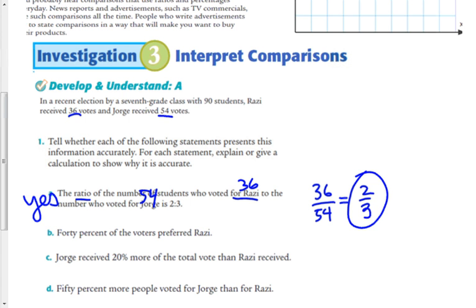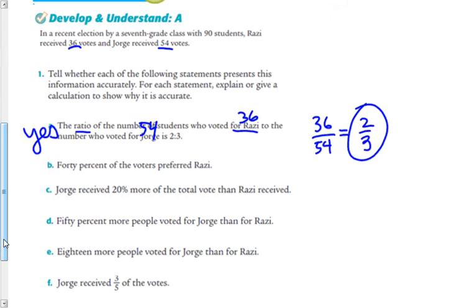Our next one says 40% of the voters preferred Razi. So of the voters, that's the total, which we're assuming is 90 students who voted. And out of those, 36 chose Razi. So we need to find the percent that 36 out of 90 represents.